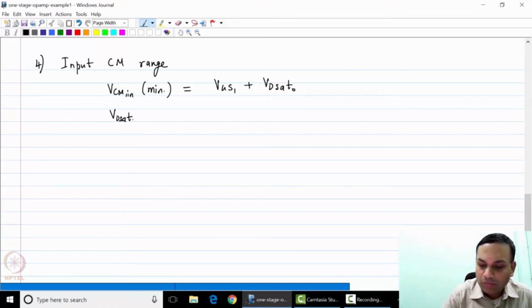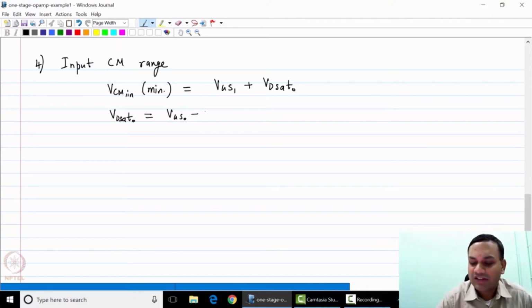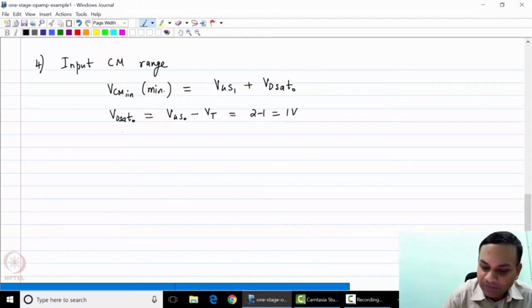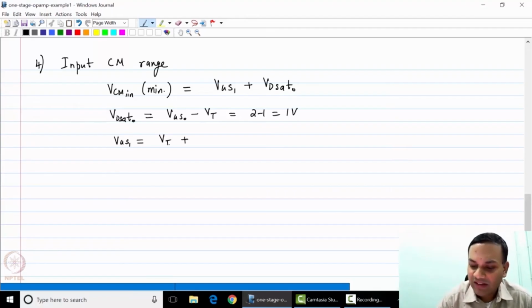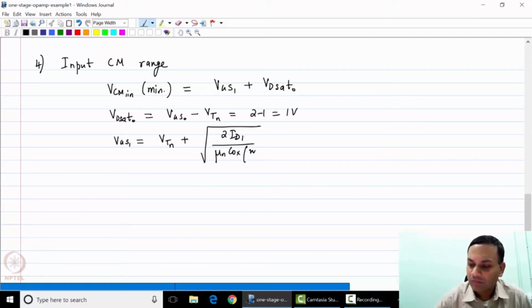Now VDSAT0 is VGS0 minus VT, so this is 2 minus 1, this is 1 volt, and VGS1 is given by VTN plus root of 2ID1 over mu Cox W over L1.